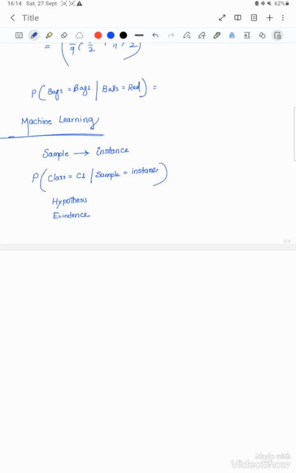Whenever I give you one sample and say that there are 3 possible classes, you will have some thoughts about which class this sample may go to. This is called the hypothesis. And evidence is this sample: you will be given one evidence and asked, given that evidence, what is your hypothesis.